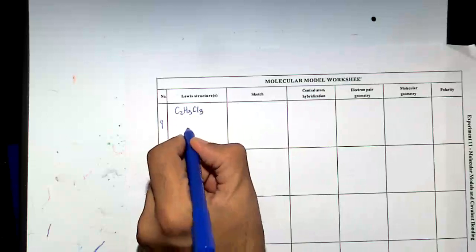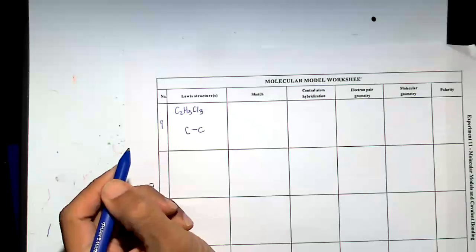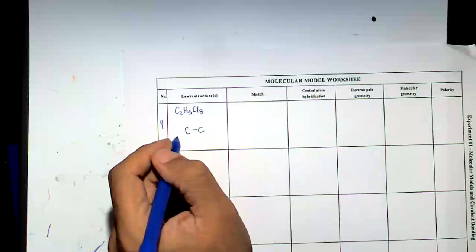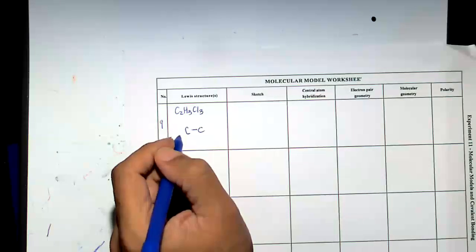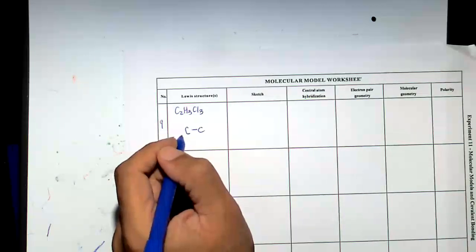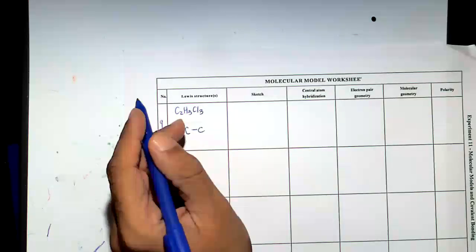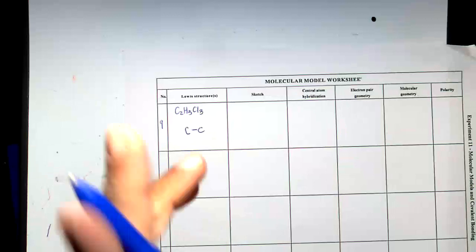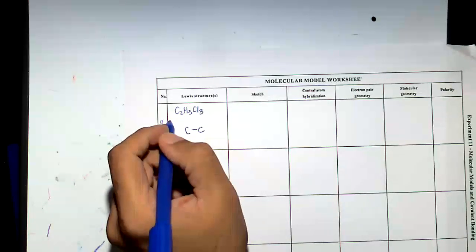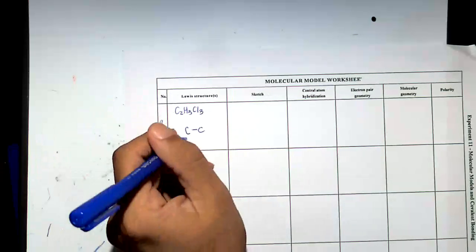C2H3Cl3. Okay, how will you do this? The 2 carbons will be in the middle. Then H3Cl3. How would you do that? Where would the 3 H's go? Where will the 3 Cl's go?